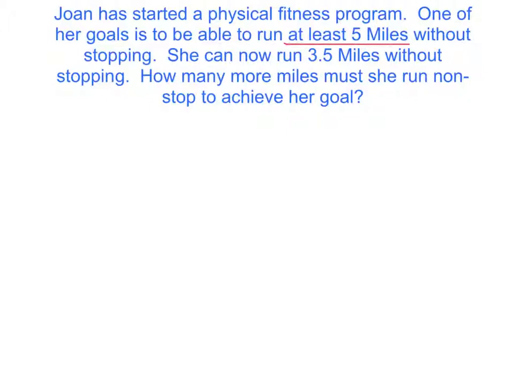So, she can currently run 3.5 miles. And we want to know how many more miles does she have to add to that to make her goal? Well, we want to look back at, it says at least. So at the minimum, 5 miles. So she will not be happy if she runs less than 5 miles.